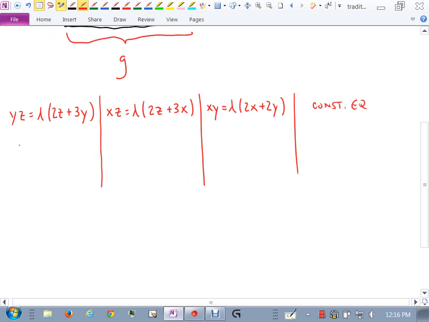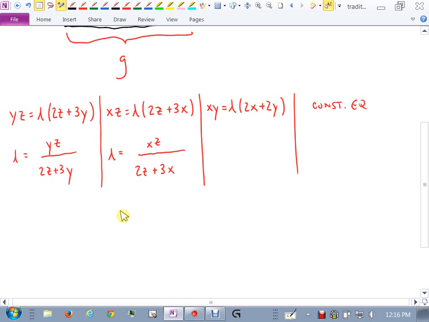We haven't done that, so if I solve this for lambda, it's lambda equals yz over 2z plus 3y. Now I'm becoming a little more loose with my notation because I think I've been through this enough. I should really write, suppose 2z plus 3y is not 0, or somehow convince you it won't be. Say x, y, and z all have to be greater than 0.